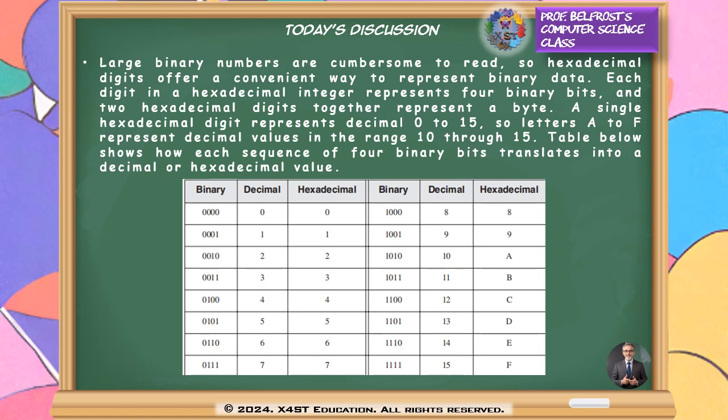So a single hexadecimal digit represents decimal from 0 to 15, so letters A to F represent decimal values in the range of 10 through 15. Here's the table showing the sequence of 4 binary bits that translates into decimal or hexadecimal. Maybe it's necessary for you to take a screenshot of this one if you want.